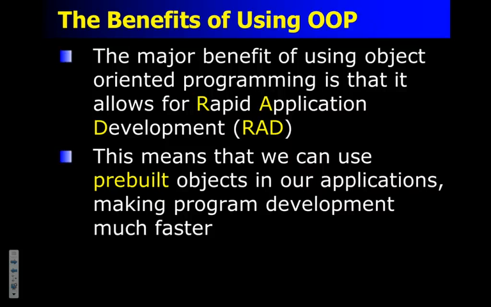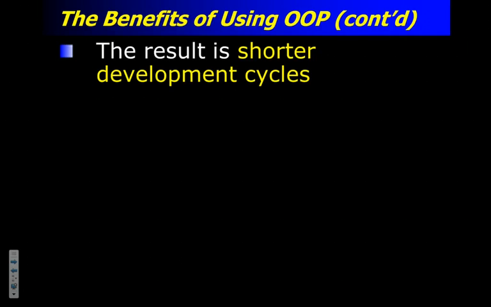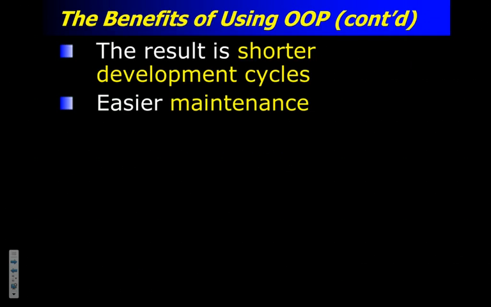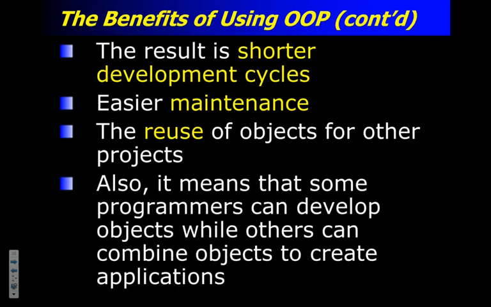Okay. Thank you. The other thing about objects is they can be made by other people. So you can use objects that are made by other people as well. Okay. So we get shorter development cycles, easier to maintain code, reusable objects, and programmers can develop objects for other programmers. This is what made programming become more robust.